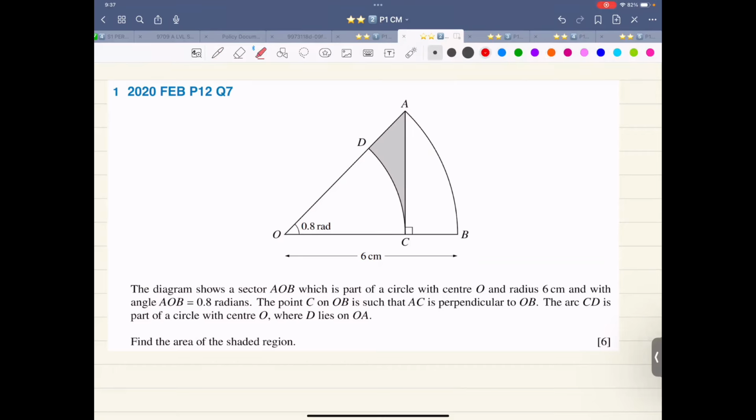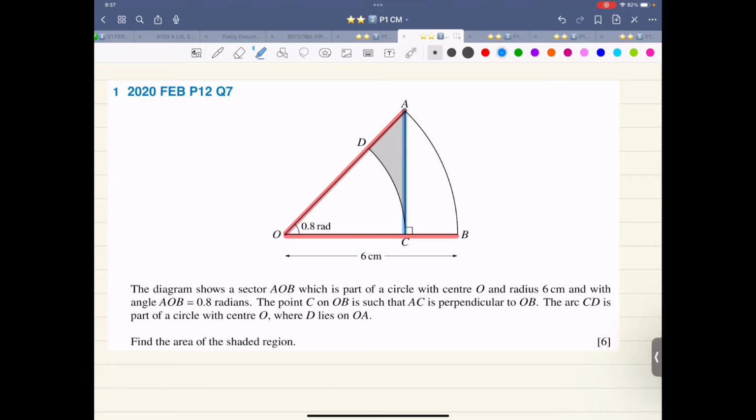AOB. So this is A, this is O, and then from O till B, we know that OA and OB are the same. That is the radii, 6 centimeter. Angle is 0.8 radians. The point C on OB is such that AC is perpendicular to OB. So we have AC that is perpendicular to OB.